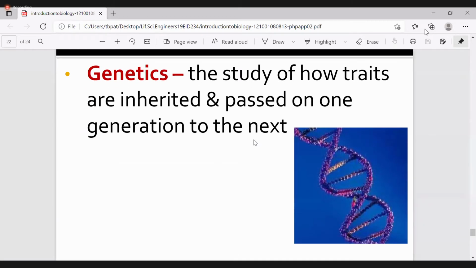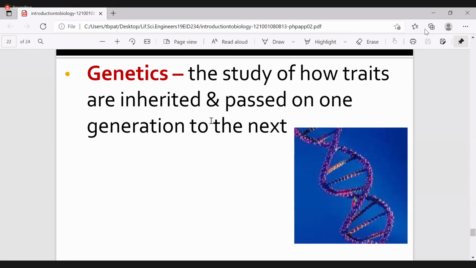This is the thing of genetics. The double helix, a ladder-like structure, DNA. It is the study of how traits are inherited, passed on from generation to generation.